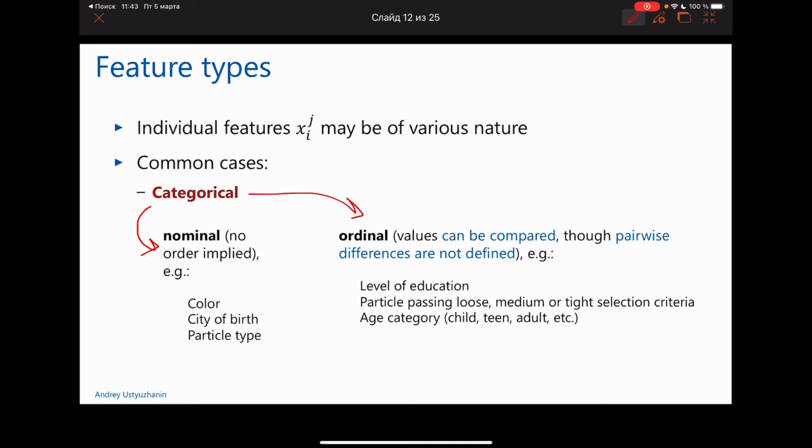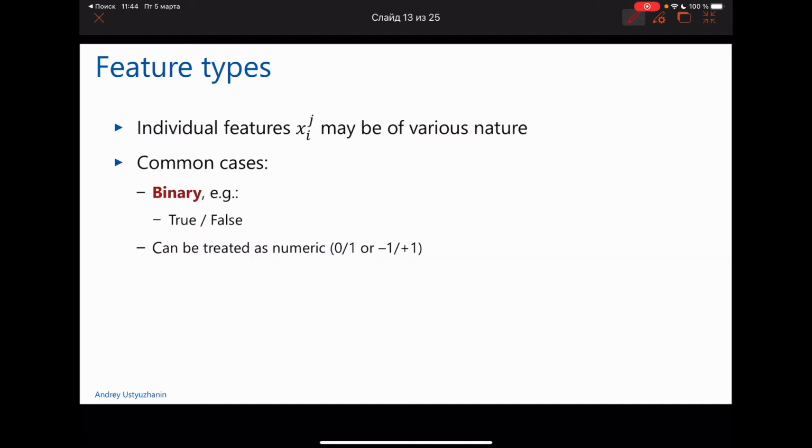Or sometimes you can compare those in general, like level of education, or a particle passing loose, medium, or tight selection criteria, or age category of a human. Or the feature could be a binary element, which contains just a true or false value, represented by 0 or 1 or -1 or +1.